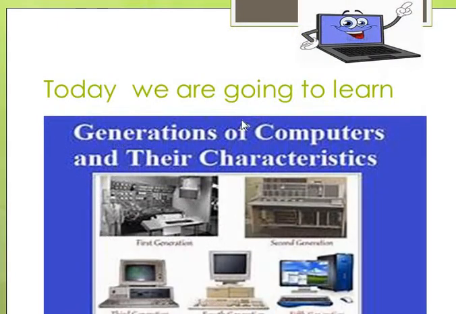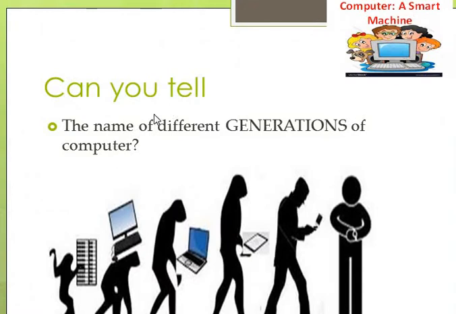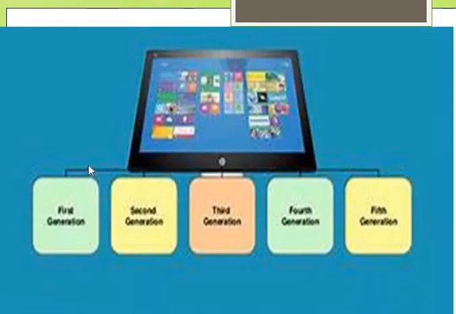Today we are going to learn generation of computers and their characteristics. Can you tell the name of different generations of computer? These are the different generations of computers. There are 5 different generations of computers, starting from first generation to 5th generation.